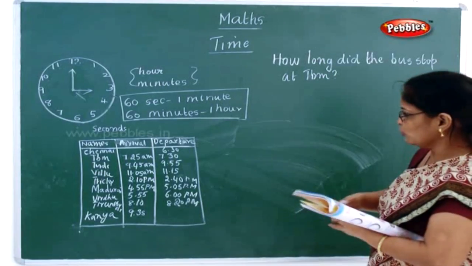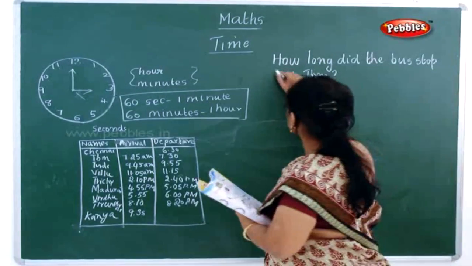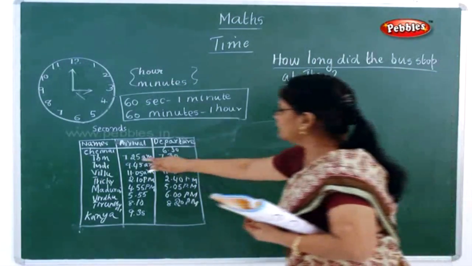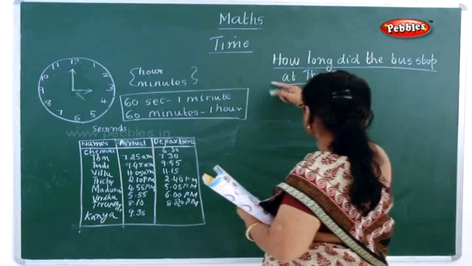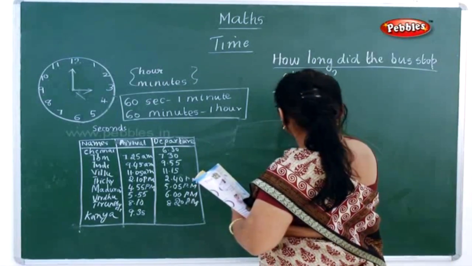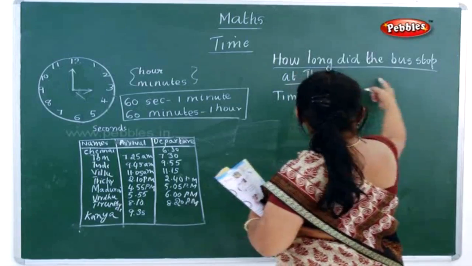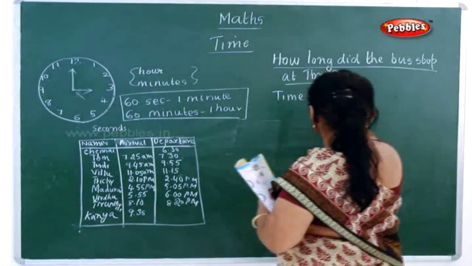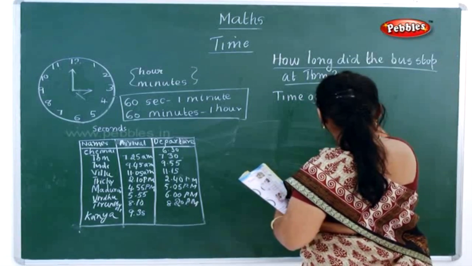Now what you have to do is, you have to write, because this is a statement sum. You can't directly write 725 plus 7 because it is a statement sum. Now what you have to write is time of departure, because they have asked for how long they have waited in Tambaram.